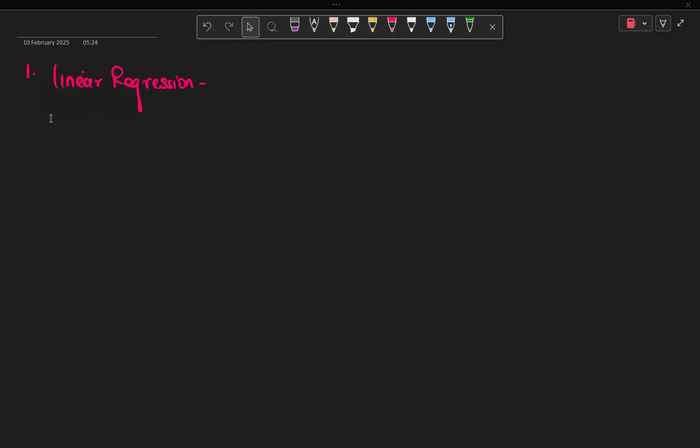Okay, guys. So what exactly does the linear regression machine learning algorithm mean? This is the first algorithm. Let me just write the full name: linear regression machine learning algorithm. Now, what exactly is this algorithm all about, and does it come under regression or classification? Let's understand.